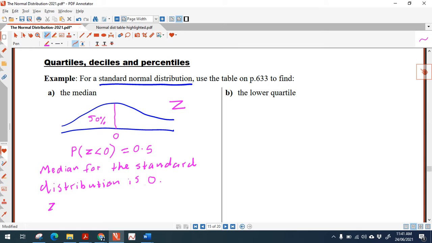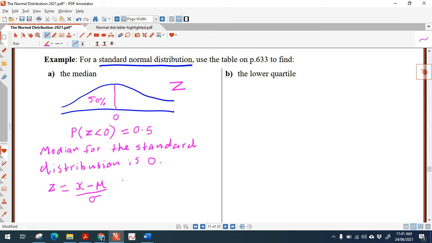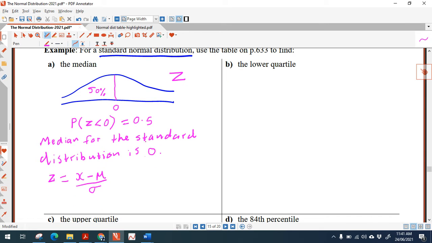The formula for calculating a z-score is the actual score minus the mean, divided by the standard deviation. We don't have enough data to work out the median for the x distribution, but if they gave you the standard deviation and also the mean of the x distribution, you could work out the x score which corresponds to the median for the x distribution.